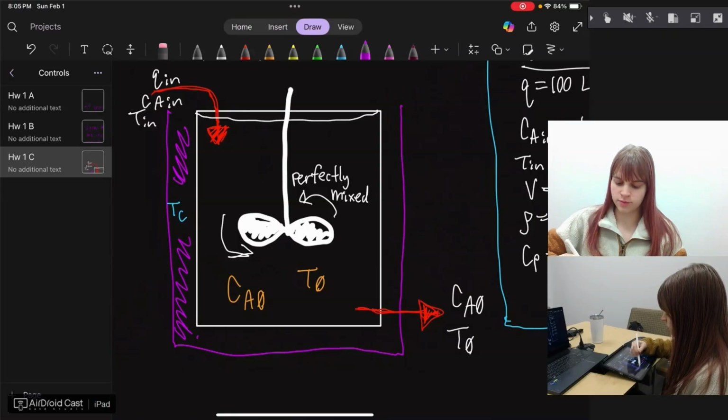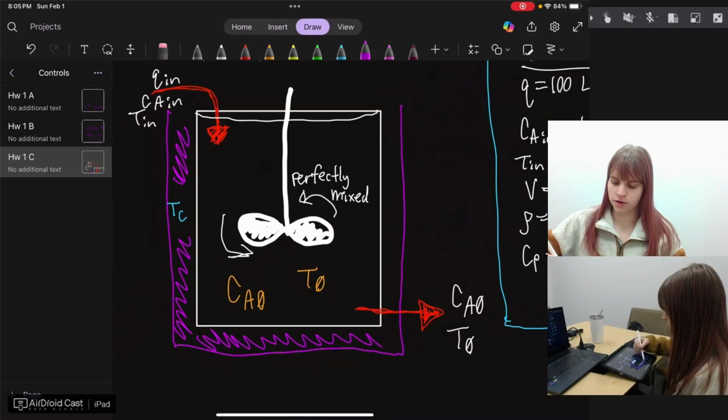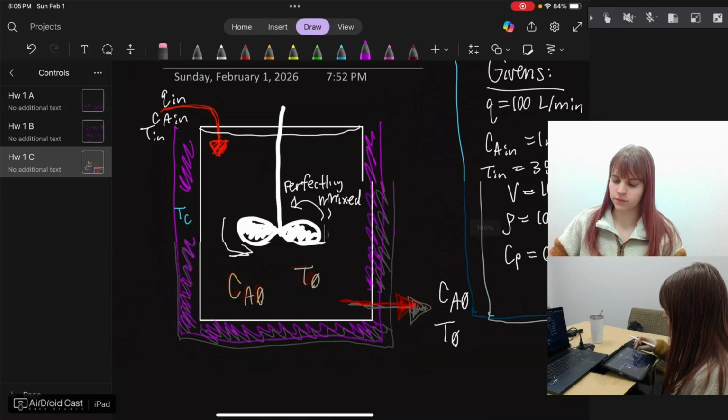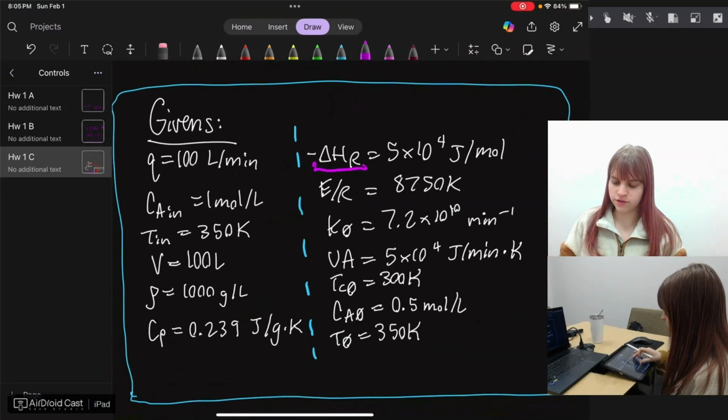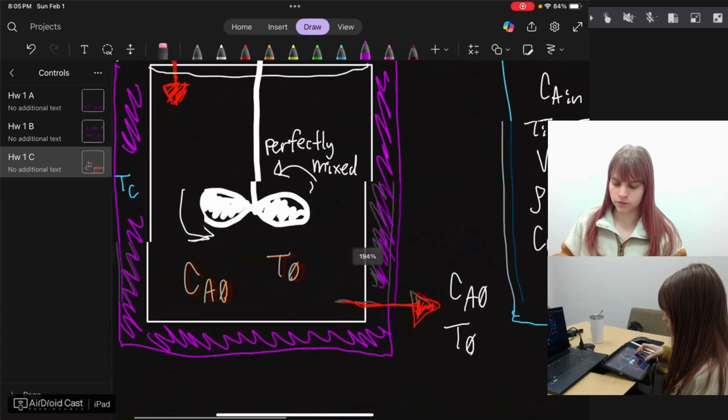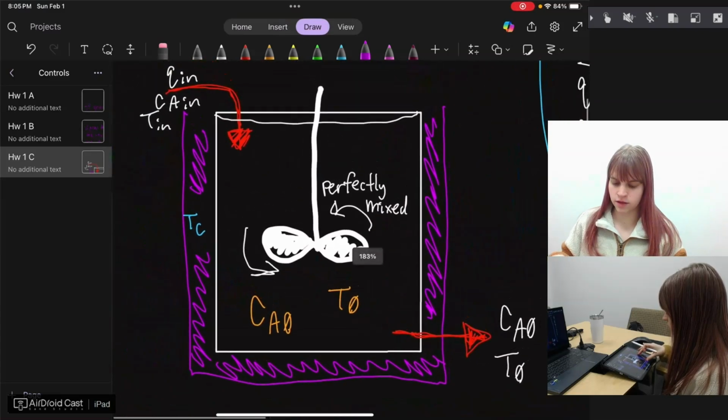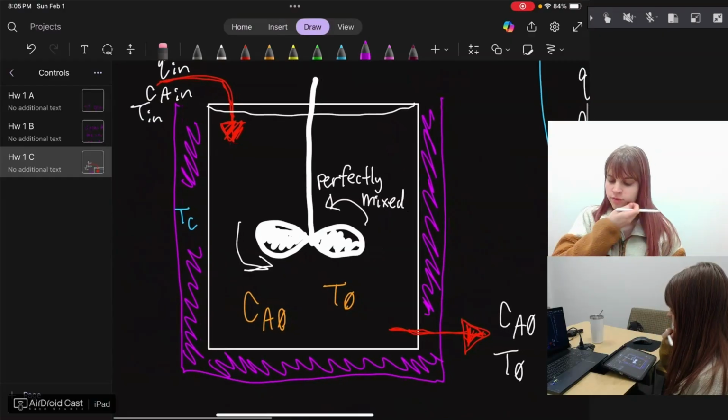And in this example, our reaction is exothermic. That is why the change in enthalpy of the reaction, delta H, is negative, because in an exothermic reaction you are losing energy.